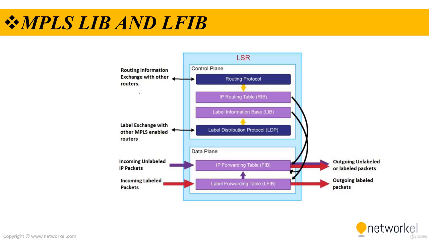If the LFIB indicates that the outgoing interface is not an MPLS-enabled interface this time, the label is removed and the unlabeled packet is forwarded unlabeled using the information in the FIB.